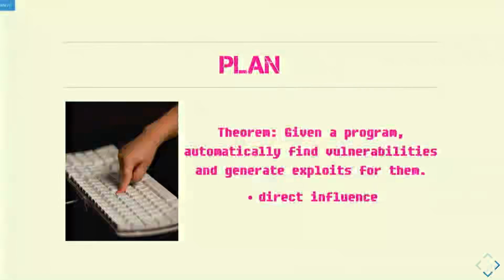So I could exclude the parts of code that I didn't want to analyze. Direct influence means that every piece of code that is actively getting an input from a user outside the code is a piece of code that I really want to analyze, because that has a direct influence on my control flow graph.